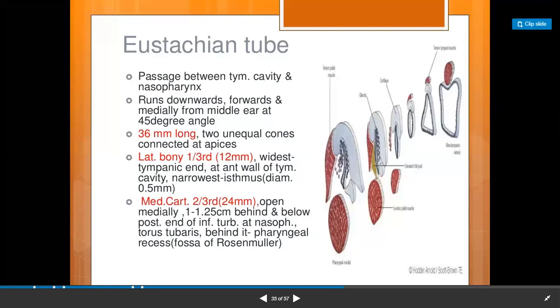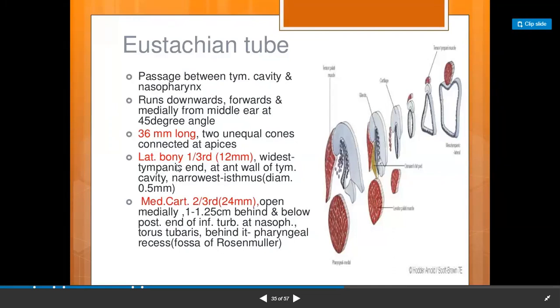Let us talk about a few points on the eustachian tube, that is the auditory tube or pharyngotympanic tube. In which wall of the middle ear did we see it? It is found in the anterior wall, connecting the middle ear cavity, that is the tympanic cavity, and the nasopharynx. It runs downwards, forwards and medially from the middle ear at a 45 degree angle. The length is 36 mm, two unequal cones connected at their apices.